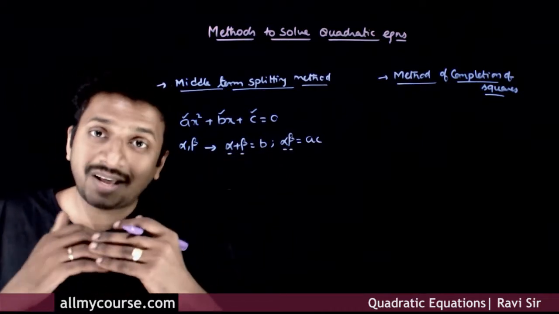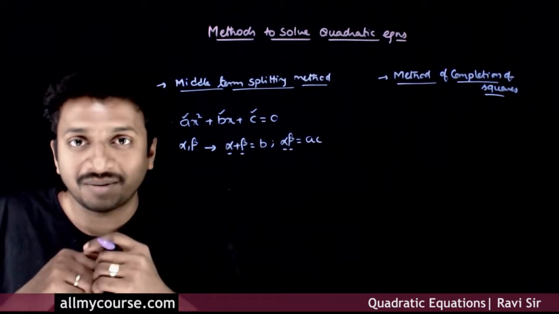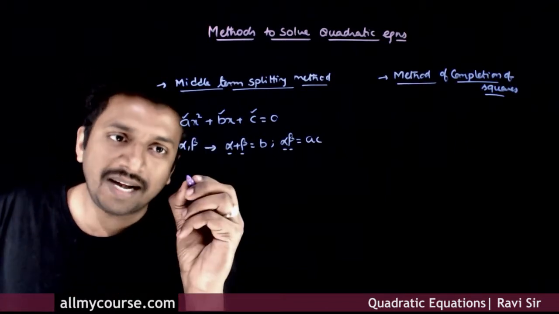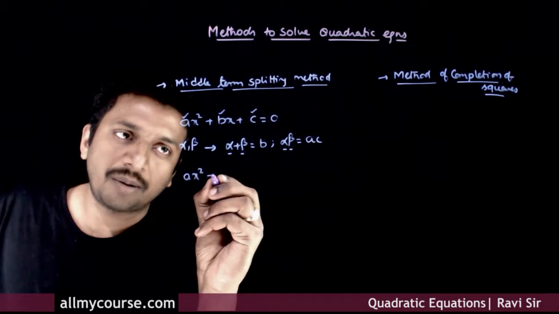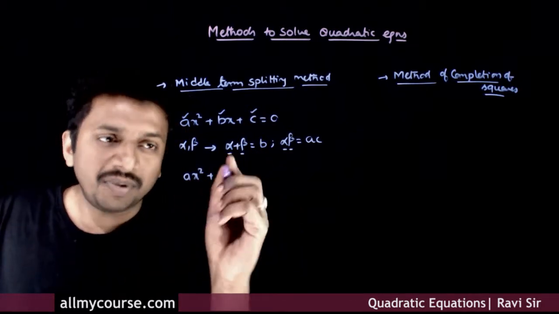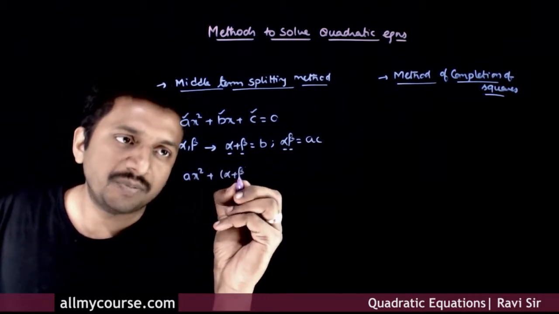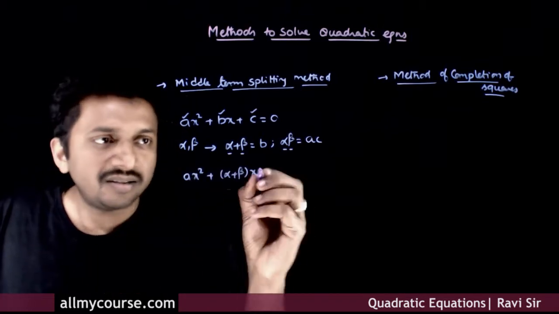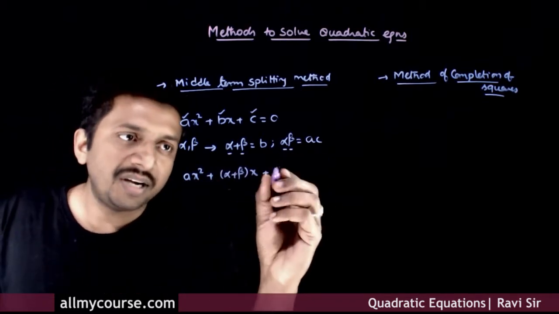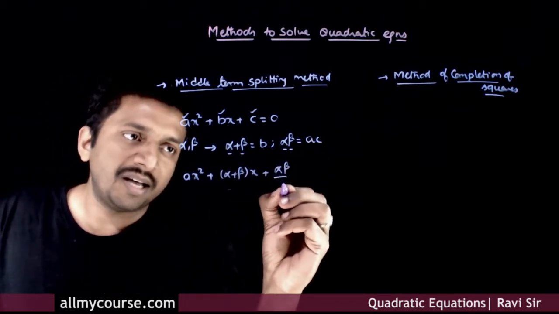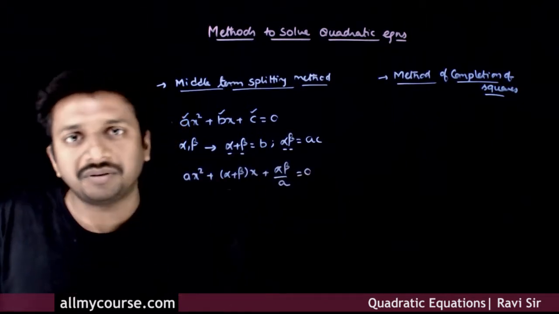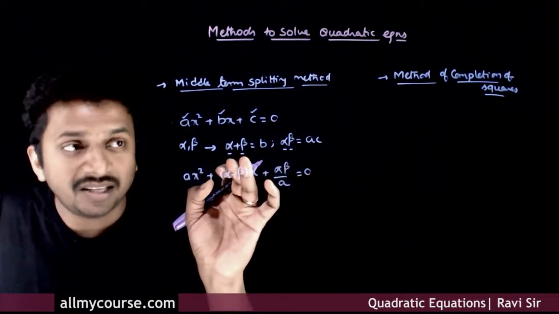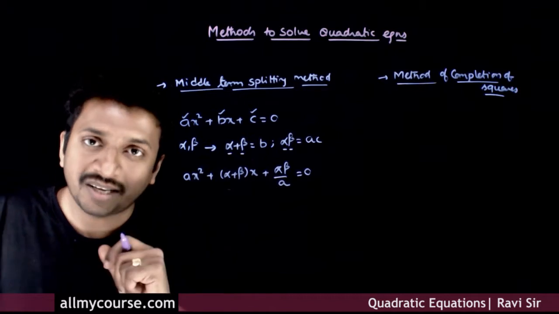Suppose you are able to find two numbers alpha and beta which satisfy this condition. Now what happens if you can find these numbers? I'll write my equation as ax square plus b, which can be written as alpha plus beta, times x, plus c, which can be written as alpha beta by a, is equal to 0.